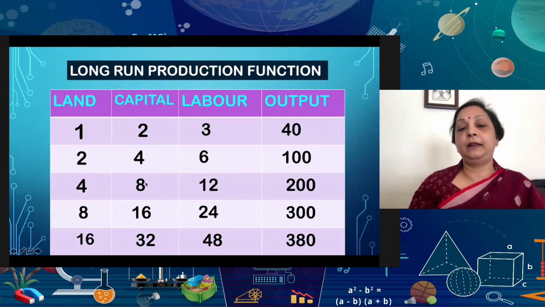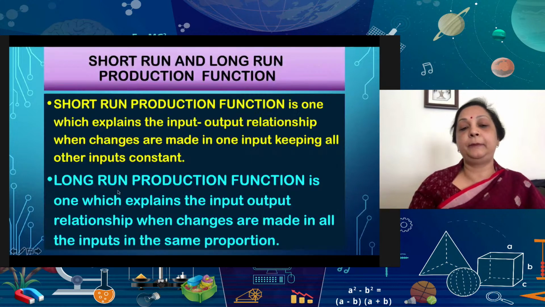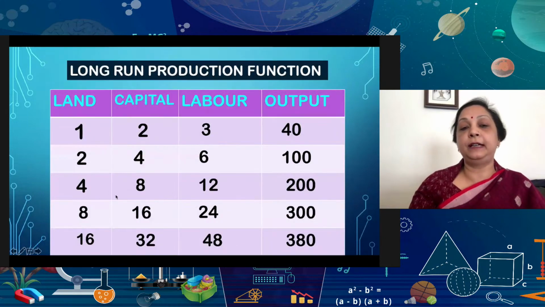Here also 1:2:3. If you see the previous definition, I said long-run production function is one which explains the input-output relationship when changes are made in all the inputs in the same proportion. So you see the factor proportions here are not changing. They remain the same, 1:2:3 in all the cases. So here we have doubled it.